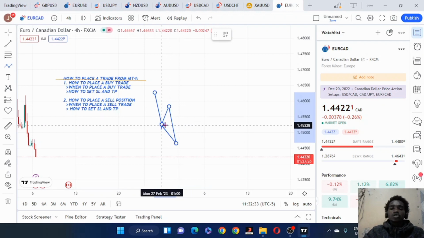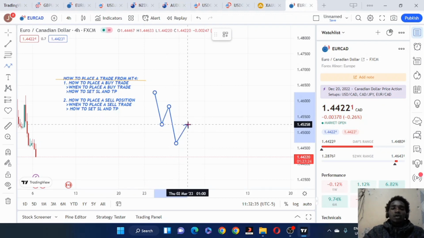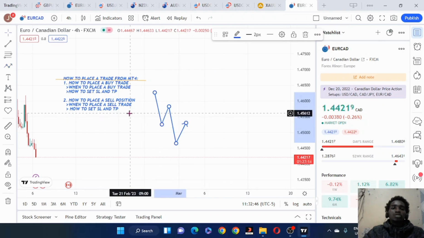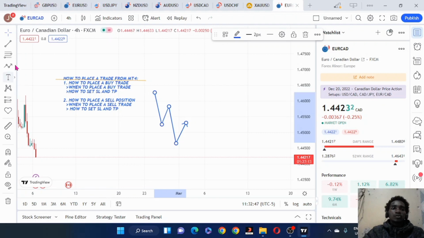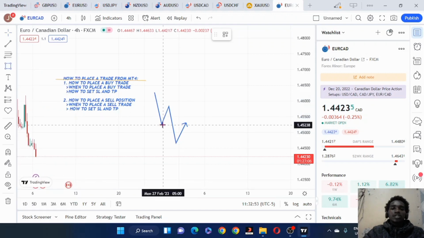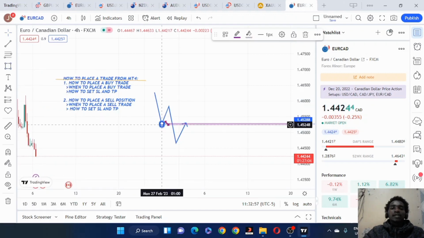A sell trade, of course, you are not going to place anyhow. So you must have an area. Let's say, for example, the market comes and makes that high, low. After making this low, for you to make a good trade, you must have a zone which really applies to your strategy, whereby you can mark that as your zone.